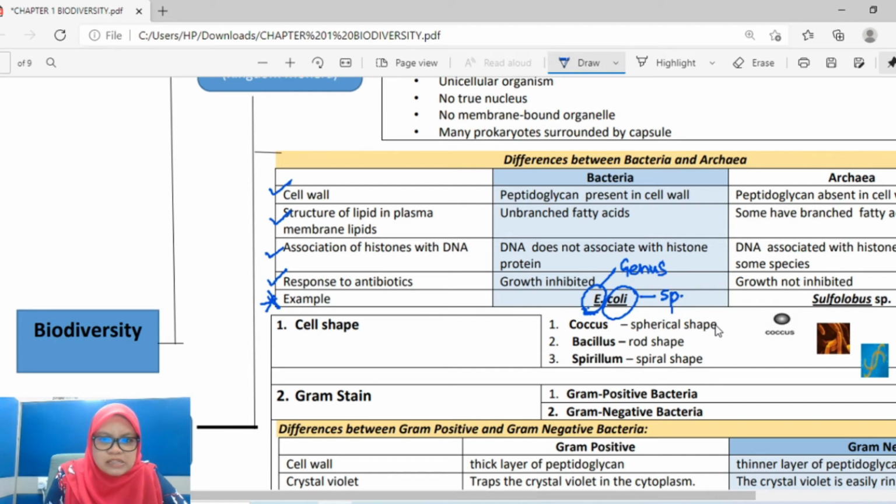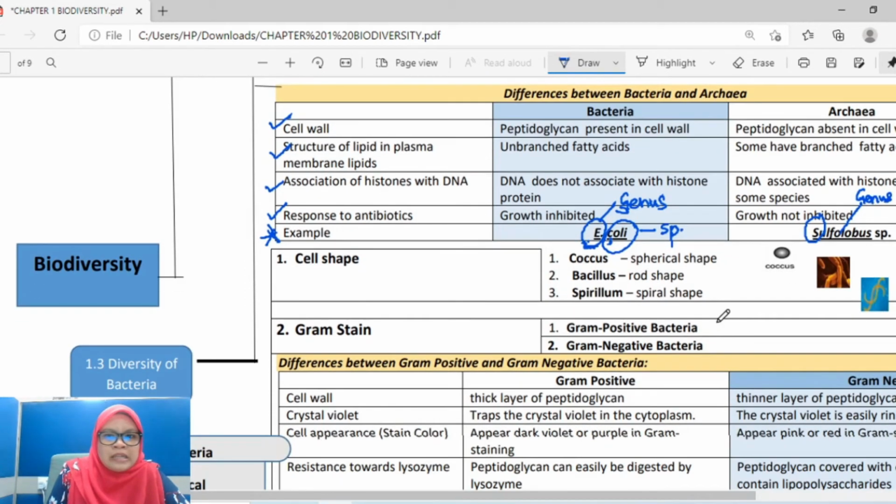So the genus must start with a capital letter. And the species starts with a small letter. And then for Sulfolobus, why do we see only one word followed by sp.? This capital letter, right? So this Sulfolobus refers to the genus name. And it does not give you a specific scientific name. So that's why it is followed by sp. This shows the species is in the genus Sulfolobus.